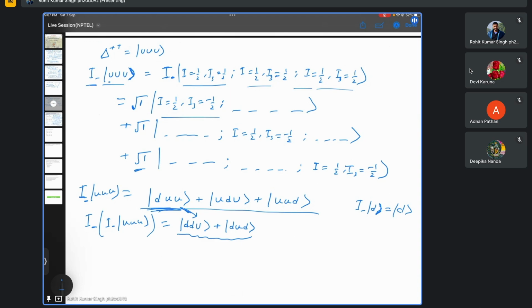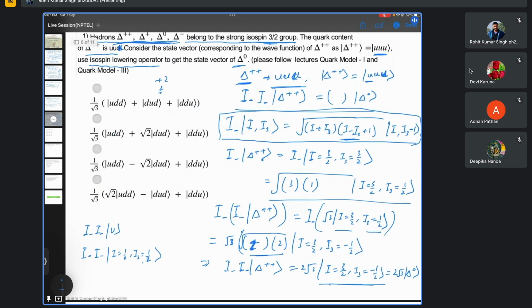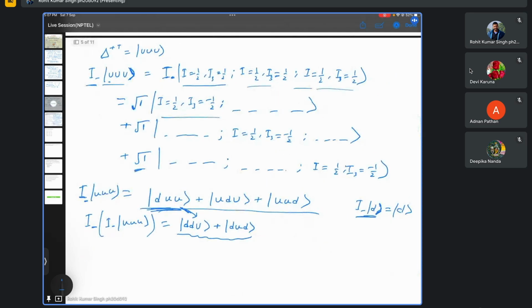So then maybe we should, yeah, but I'm just looking at the options here, and none of the options has 2 u quarks. So maybe this thing reduces to 0, not the 0 state. This thing just gives 0, I think. Lowering further gives you 0. I think this is right. Do you remember this?